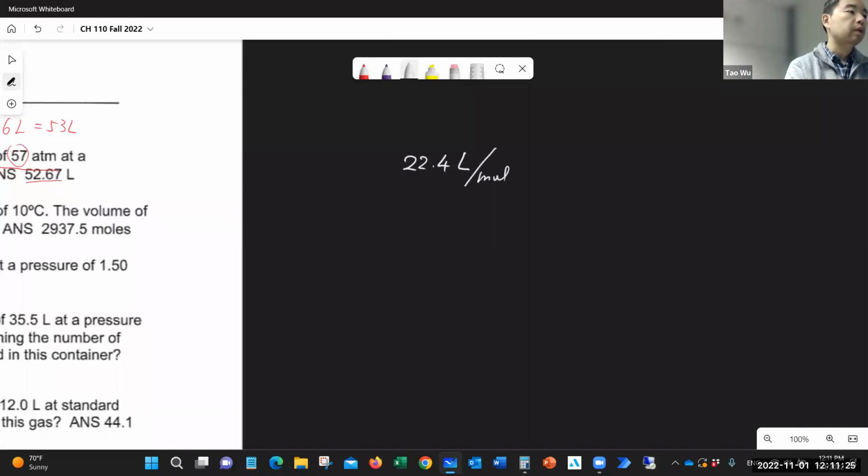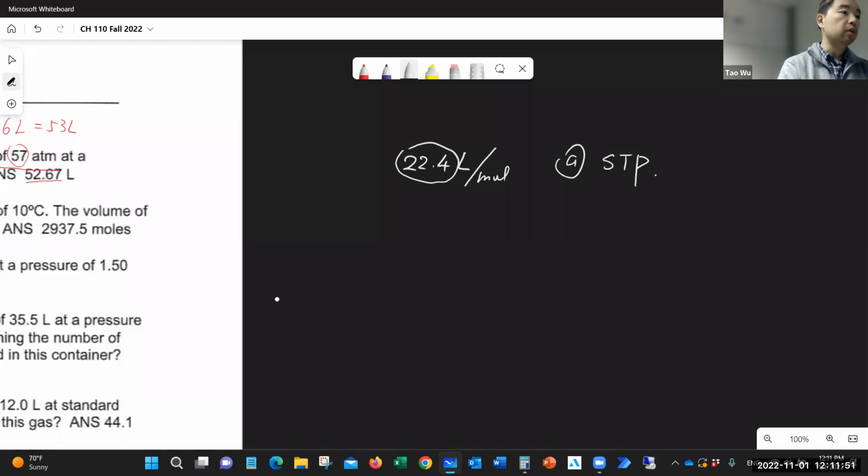We call this the molar volume for the gas, under the STP condition. How can we figure out it's 22.4 liter? This number is actually calculated using the ideal gas law.